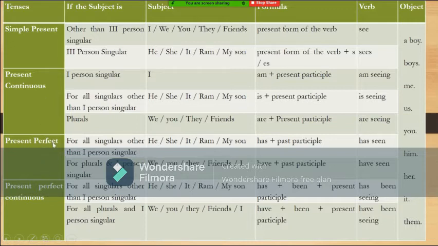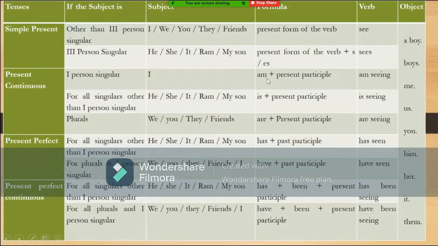For perfect, we have another set of auxiliary verbs to indicate present. Let us see that later. Now, let us think about am, is, are. They will be very useful to indicate present in 2 tenses.